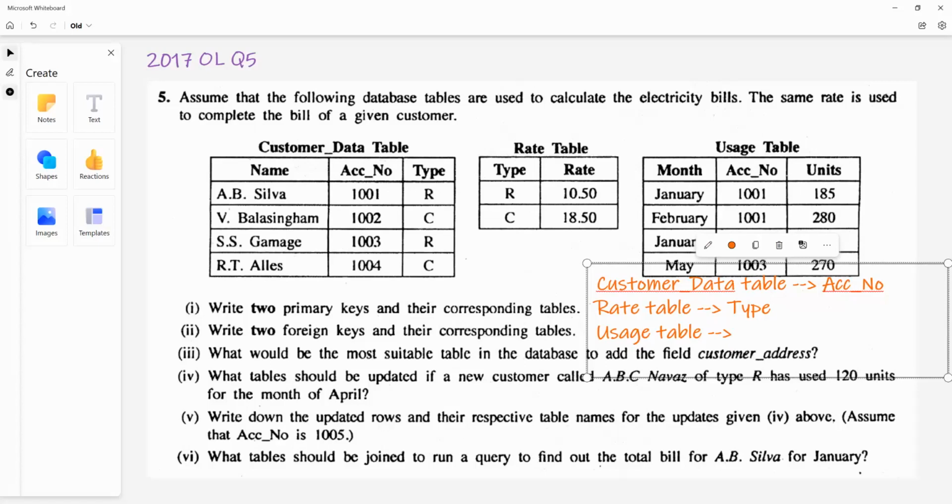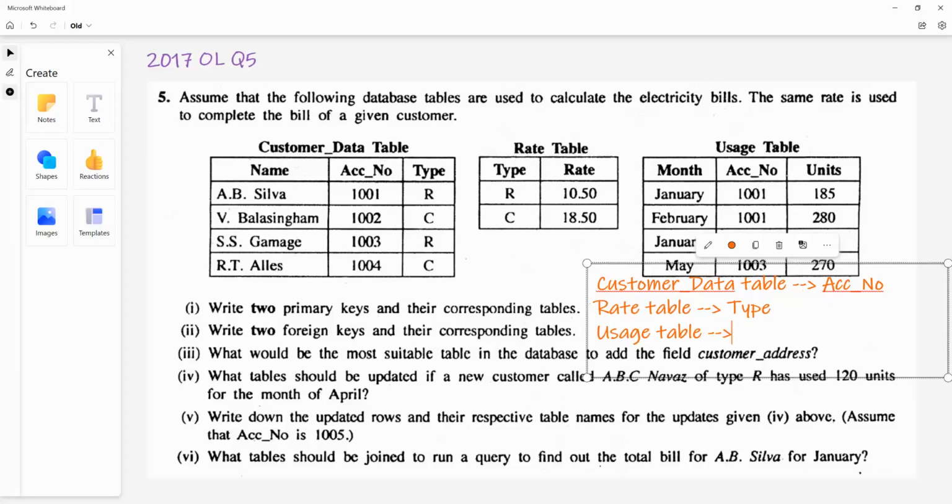Combined key? Yes, we have a combined key. We use a special name for that. What was it? If the primary key consists of more than one field, we use a special name for that. Anyone? Composite primary key.